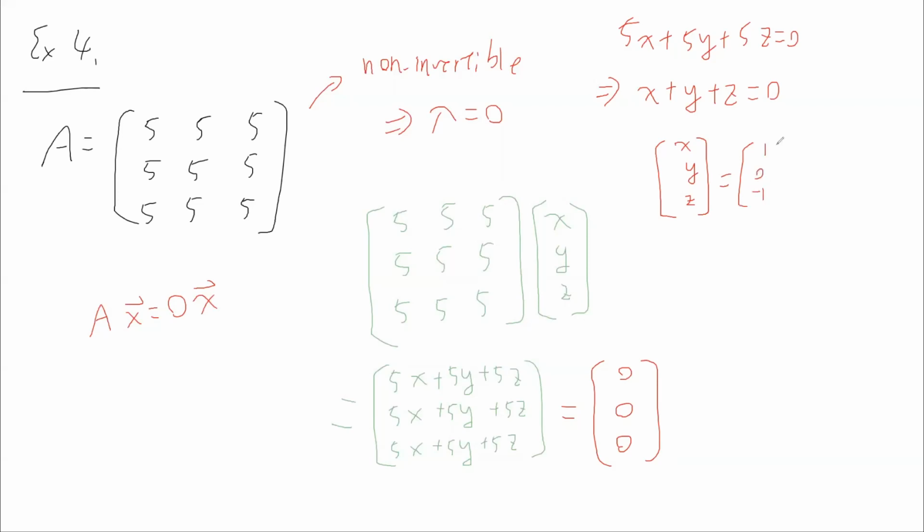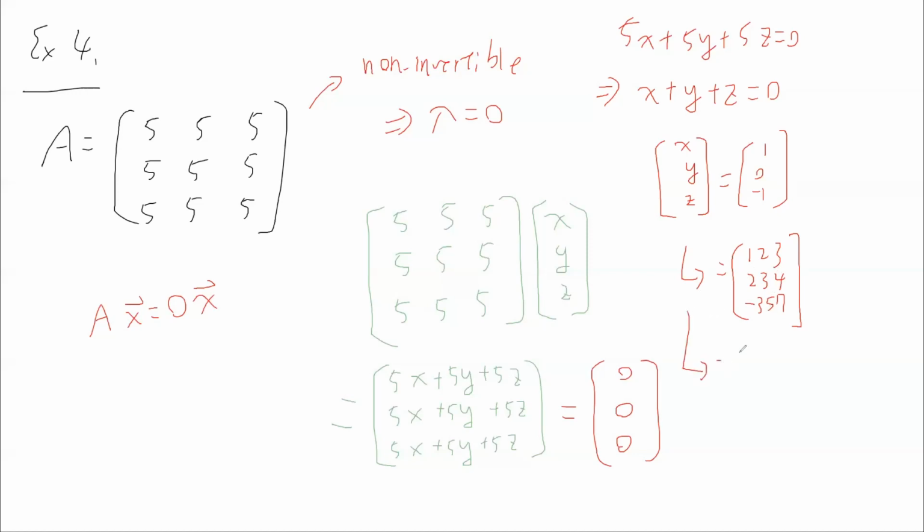1, 0, negative 1. When I add x, y, and z, I get 0. Satisfying this condition means this is going to be an eigenvector. Let's do another one: 2, 3, negative 5. I'm just going to go a little larger. This also works because when I add these three numbers together, I still get 0. Of course, you don't have to go this far.